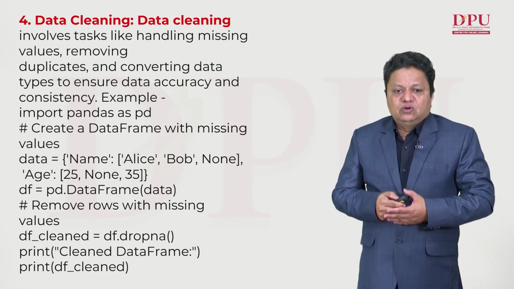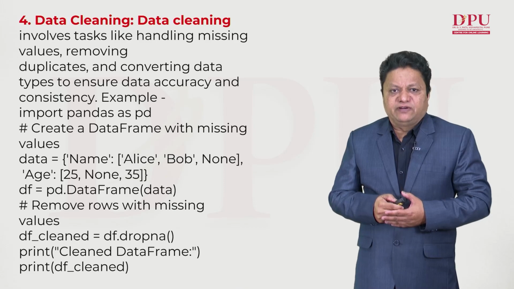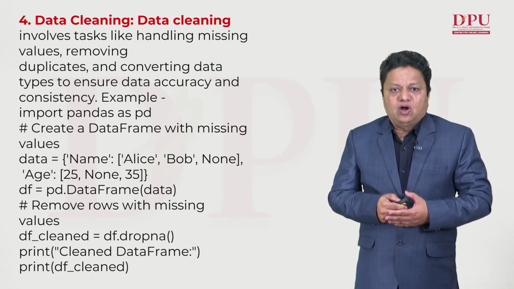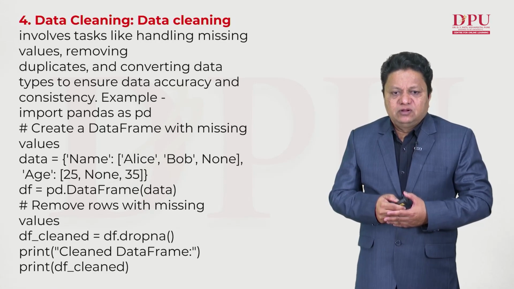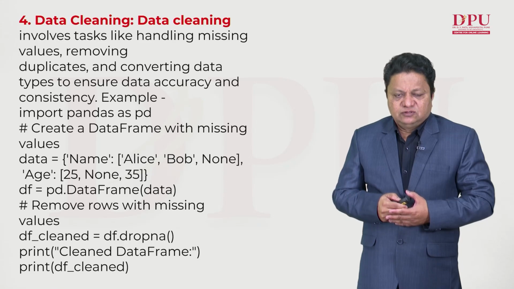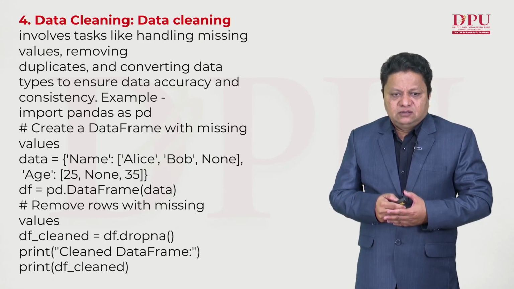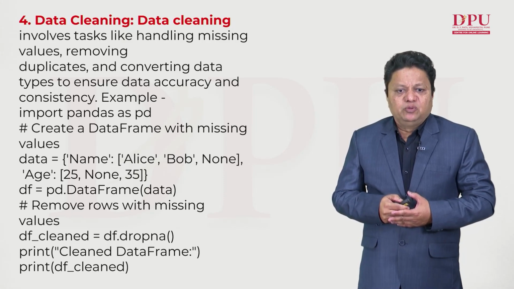Now, how to remove the rows with missing values? For that we have to call the function called dropna. So, this function will remove the rows which have missing values. So, if I say here df.dropna, this will remove the rows with missing values.